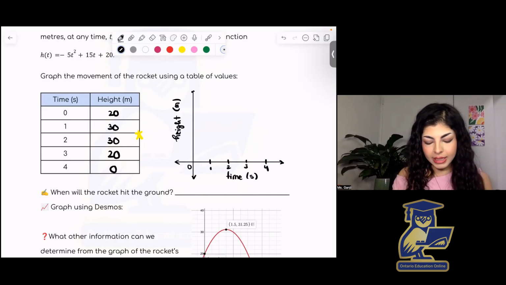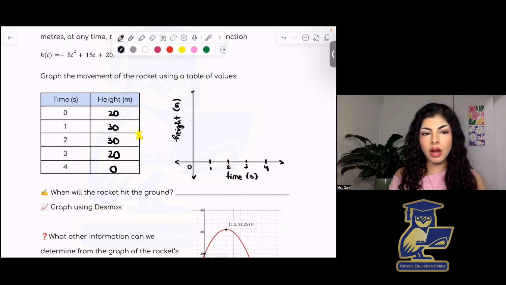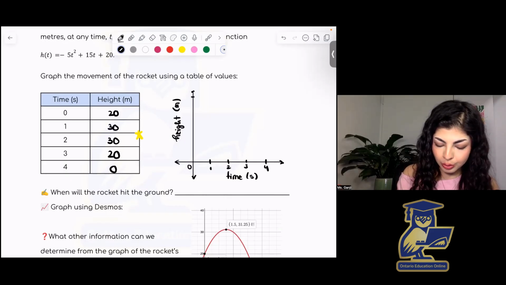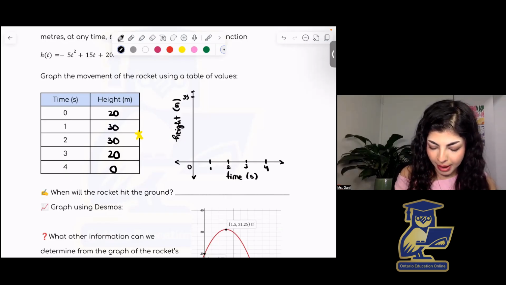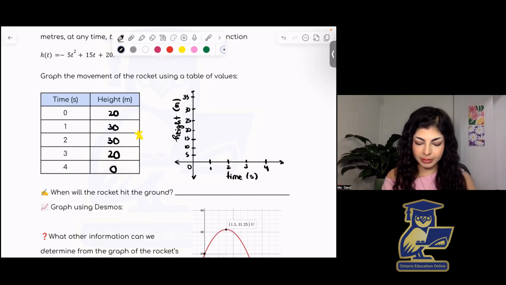And for my height, I see that I go to about 30, maybe a little bit more, but not significantly more than 30. So maybe I'll just do 35 as my max. So I'm going to do 5, 10, 15, 20, 25, 30, 35, approximately there.